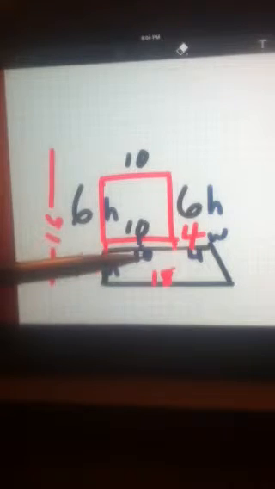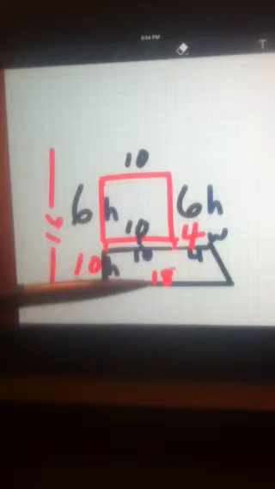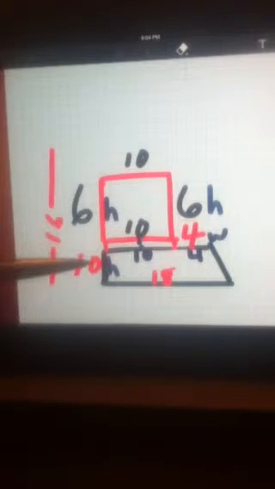So we would have to add the 10 plus the 4 to get 14 for base 1 of the trapezoid. So now we have all the numbers that we need. We got the length and the width of the rectangle, the base and the height. We got base 2, base 1, and the height of the trapezoid. And those are the numbers we need in order to complete this problem.